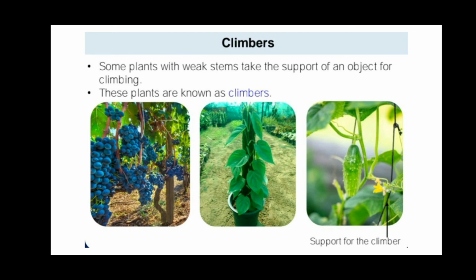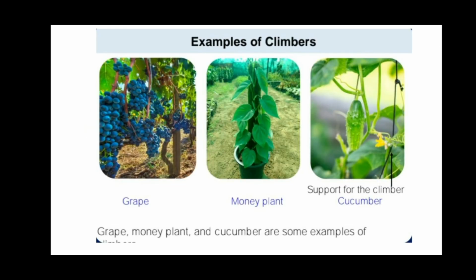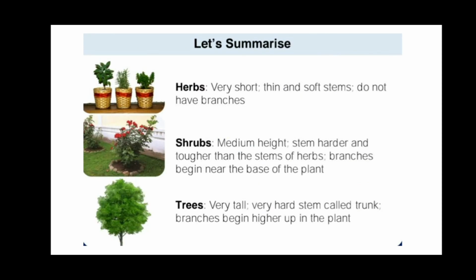These types of plants are known as the climbers. Here the examples I have given are the grape, money plant and lastly the cucumber. So, these are all the types of climbers. Grape, money plant and cucumbers are the most useful examples of the climbers. If you know other examples of climbers and creepers, please let me know in the comment section.